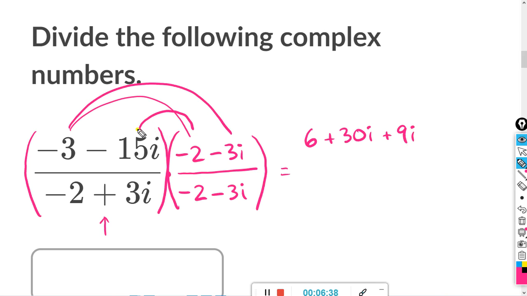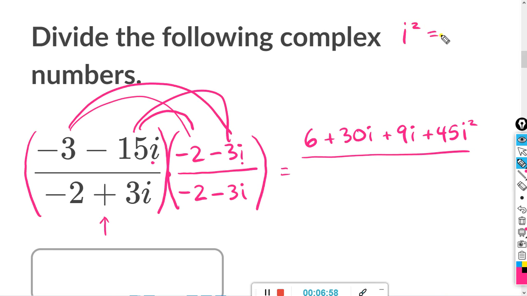And the last is -15i times -3i. -15 times -3 is +45. And then i times i is just i squared. And remember, of course, i squared is -1. So if you want to make the i squared -1 right away, you can do that.